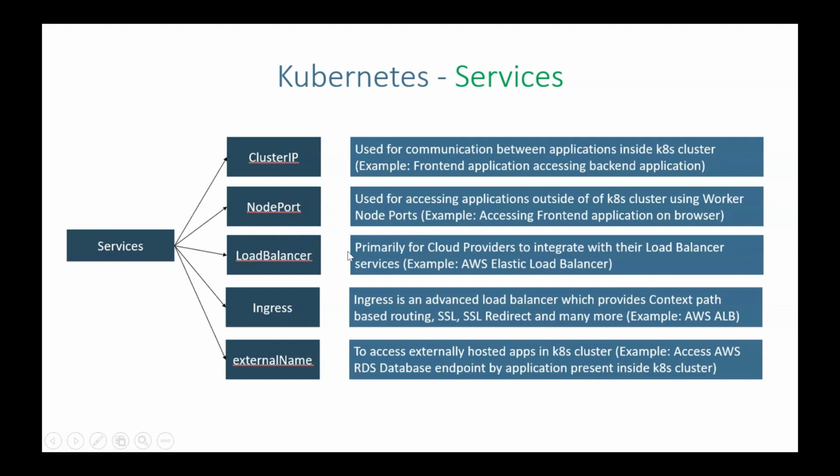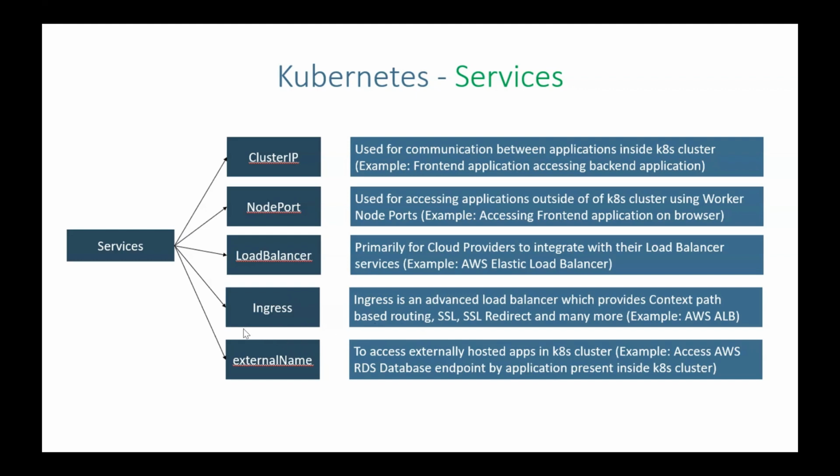Okay, the next one is the LoadBalancer service. Generally we use this service to access our applications in the browser or outside of the Kubernetes cluster. Same as NodePort, but the LoadBalancer service is mostly used with cloud providers to integrate with their internal load balancer service.